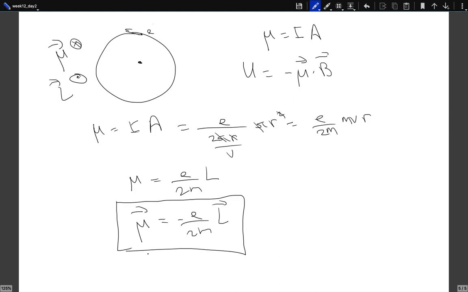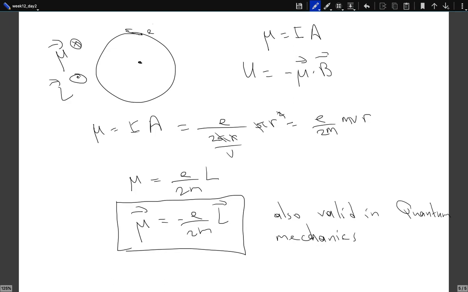This is the classical picture, but it still holds in quantum mechanics, with the understanding that all of these are actually operators.